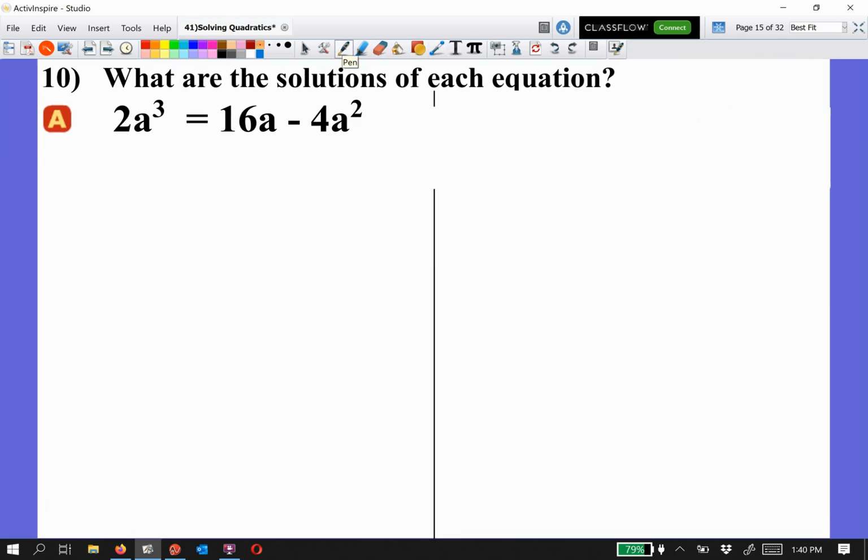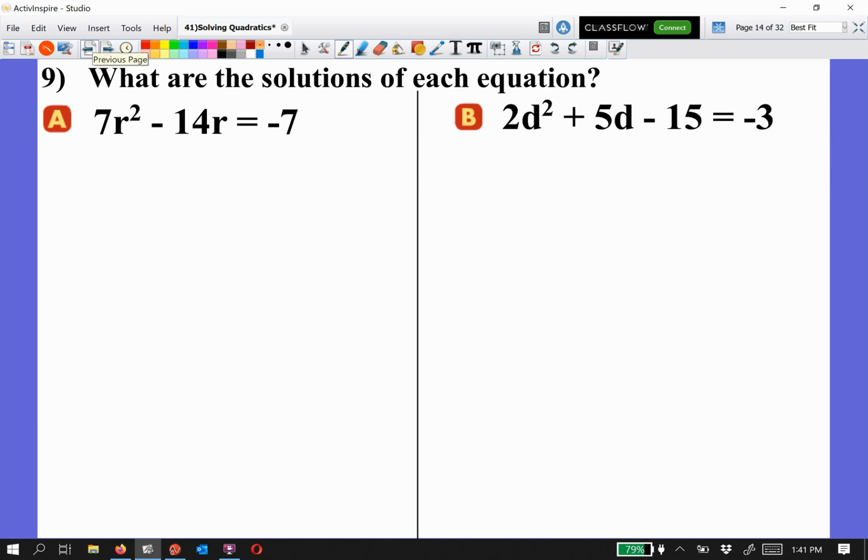Alright, here we go. This problem, same idea as before. First thing you need to do is you need to move all the letters to the same side. It has to say equals 0. Now, some people would be like, hey, wouldn't it be easier if I just move the 2 over? No, it would not. Actually, I'm going to go back one.